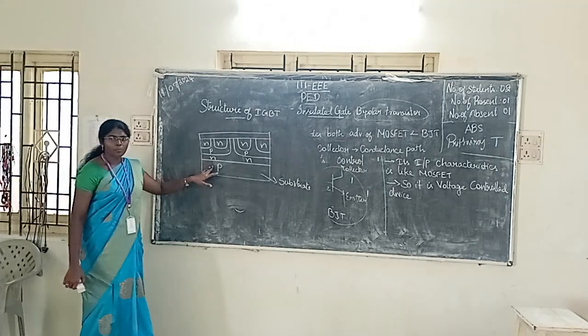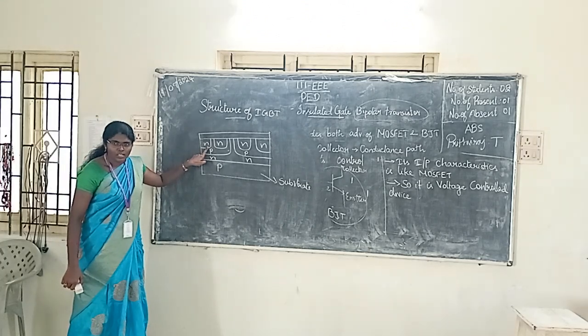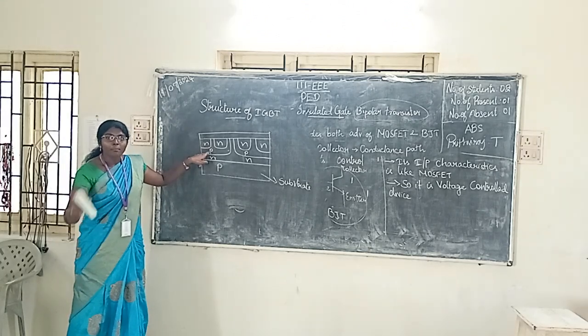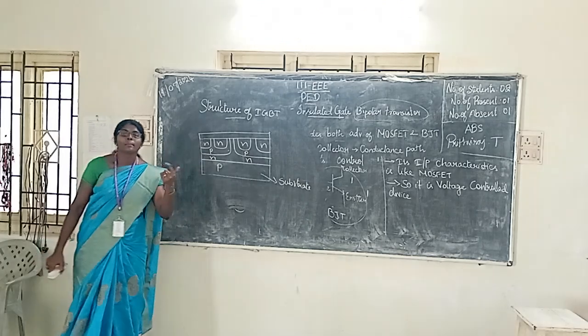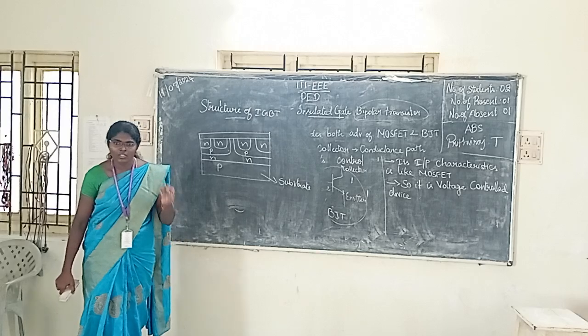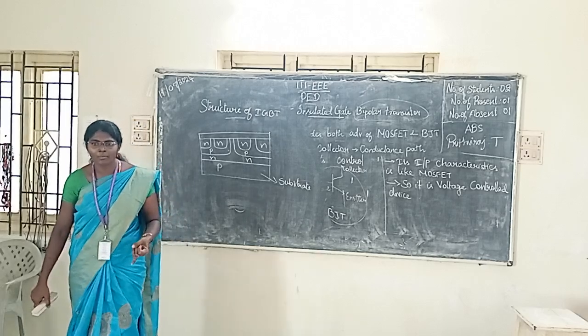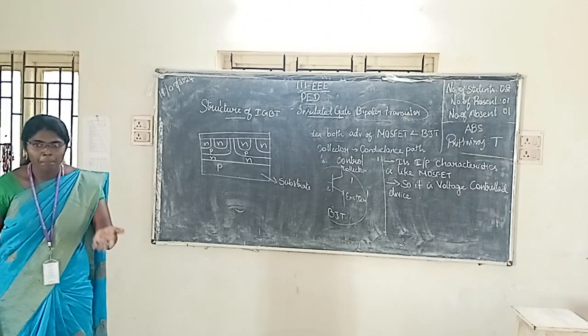So in a P type substrate, N type is to be doped, diffused in it. I have to include the BJT also. BJT means there is also a PNP transistor type semiconductor. For MOSFET also there will be PNP semiconductor.